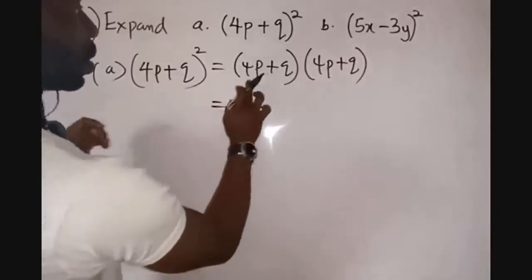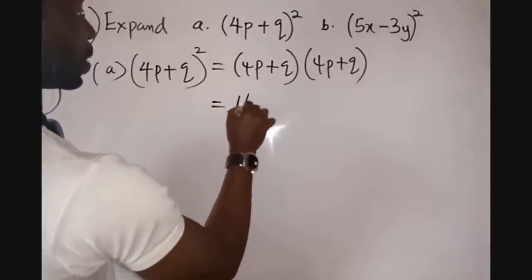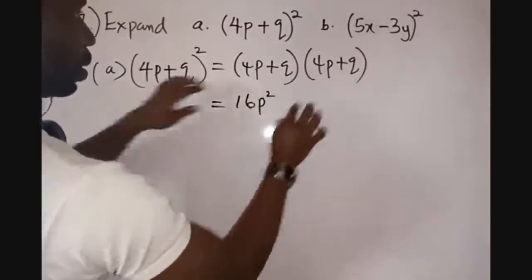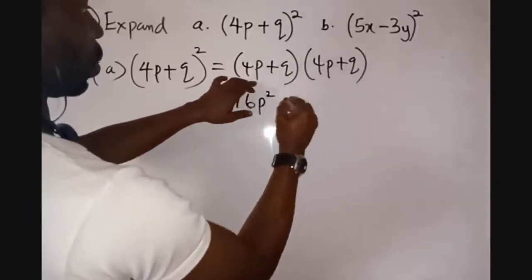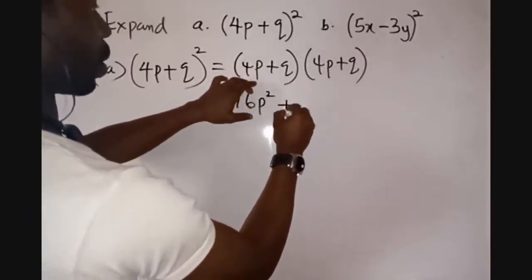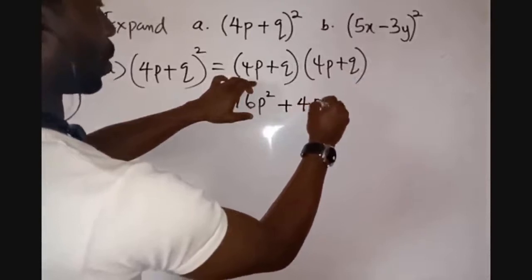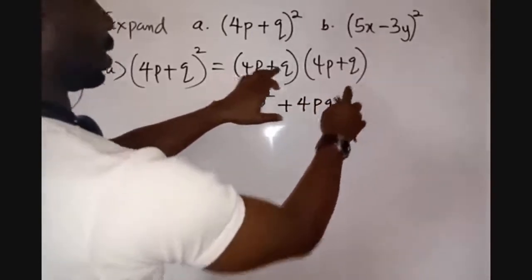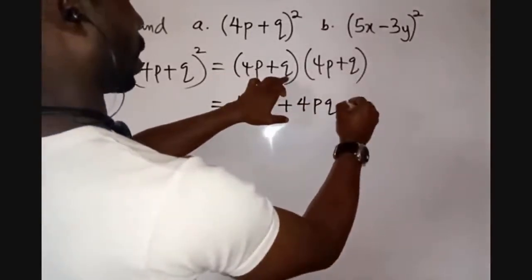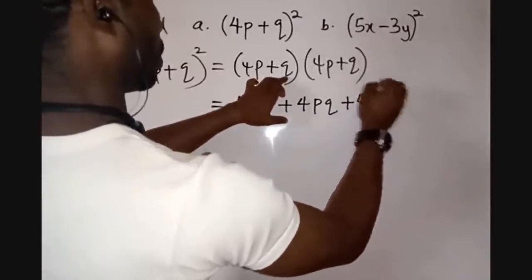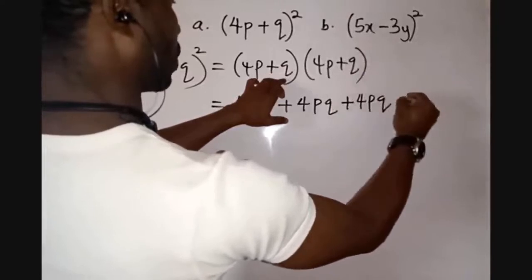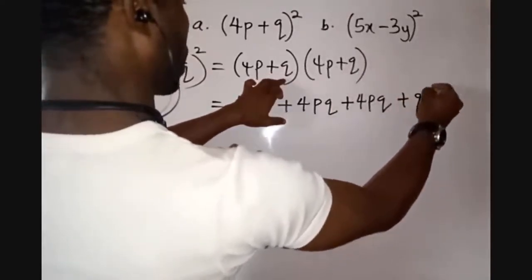This way, multiplying this will give you 16p squared. This one again multiplying this will give you plus 4pq. Then take this, multiply this, you have plus 4pq. Then this multiplying itself will give you q squared.